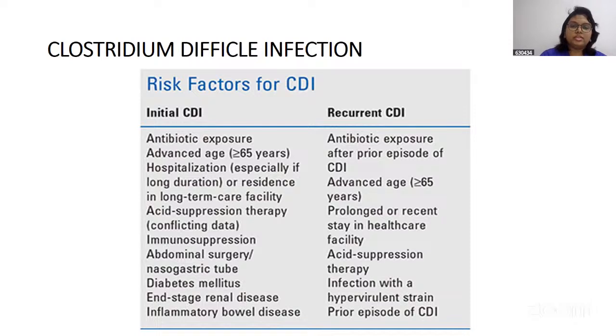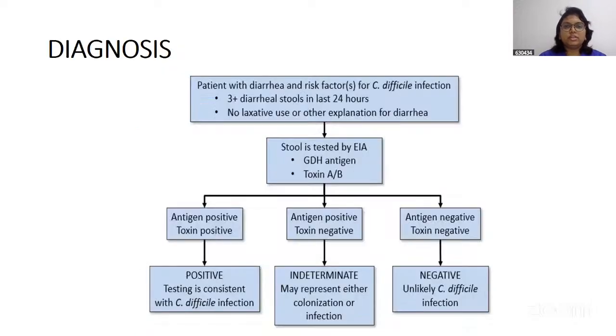The main point here is antibiotic exposure, recurrent antibiotic exposure, and in a debilitated condition and the elderly, they can develop this infection. When the patient has diarrhea and the risk factors for C. difficile infection, with 3 or more diarrheal stools in the last 24 hours and no other factor like laxative or any other explanation for diarrhea, it is suggested that enzyme immunoassay be done on stool for GDH antigen and C. difficile toxin A and B. If both are positive, clearly it is positive, and we have to start treating for C. difficile.